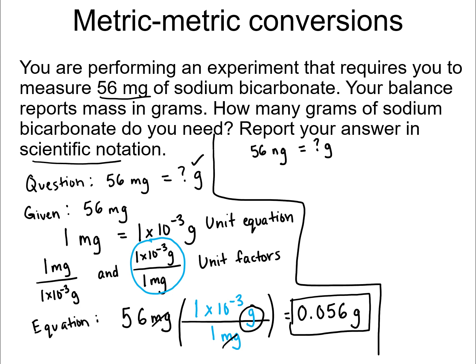Now I'm going to ask for some input. I'm going to go back so that we can see that table. And I want you to figure out what our unit equation is.